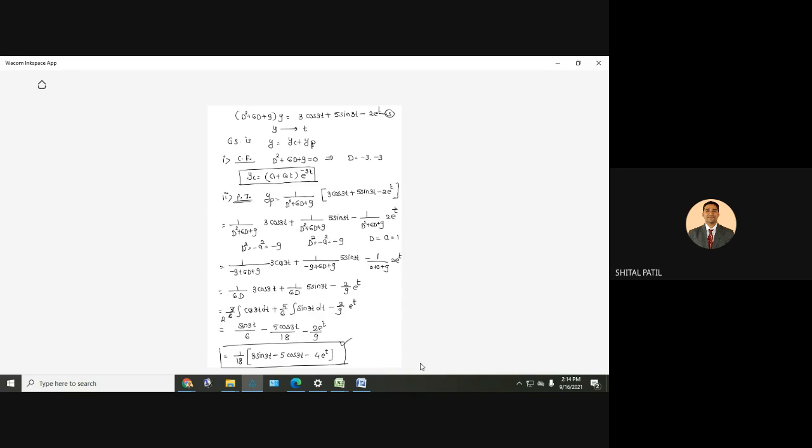So this is one solution, and this is the other, y of c and y of p. This is y of p. That we have to combine to get the y.